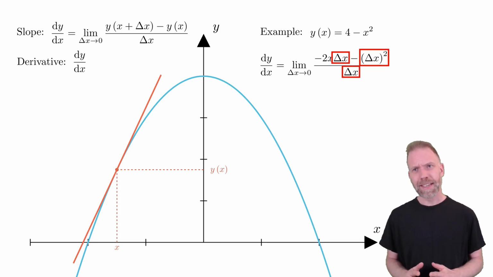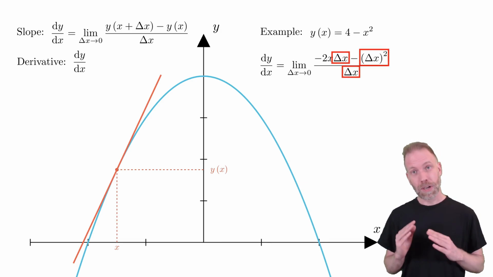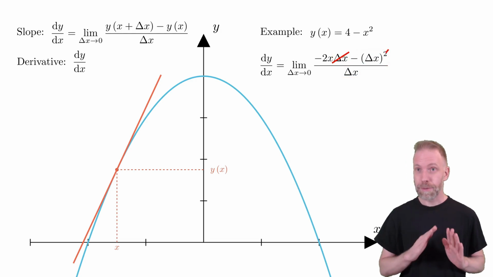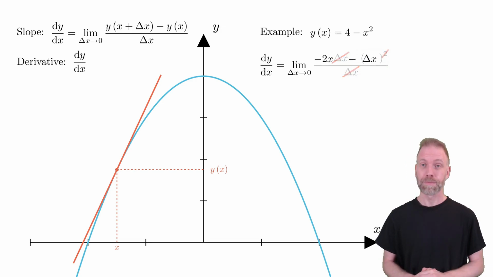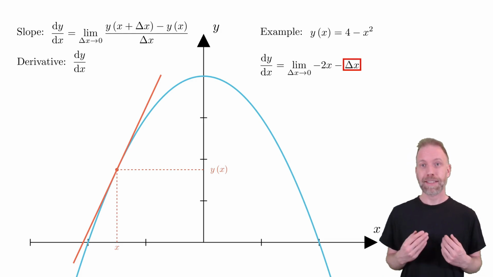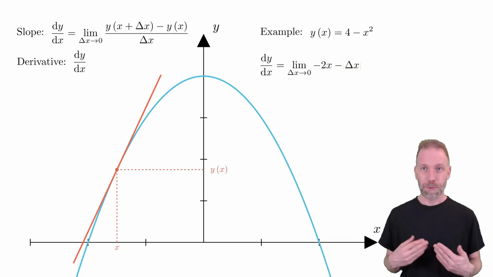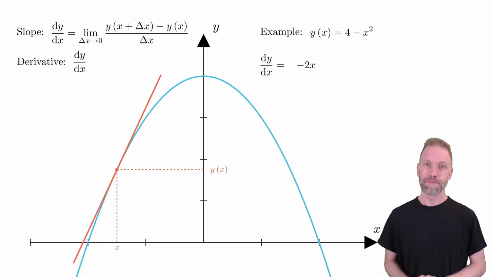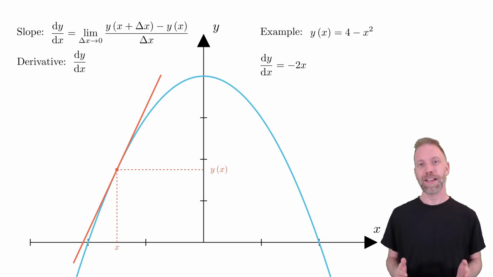This is valid as delta x is very small, but it only approaches 0. It never becomes 0. And finally, we can let delta x go to 0, which removes this term. The final result is that the slope is minus 2x.